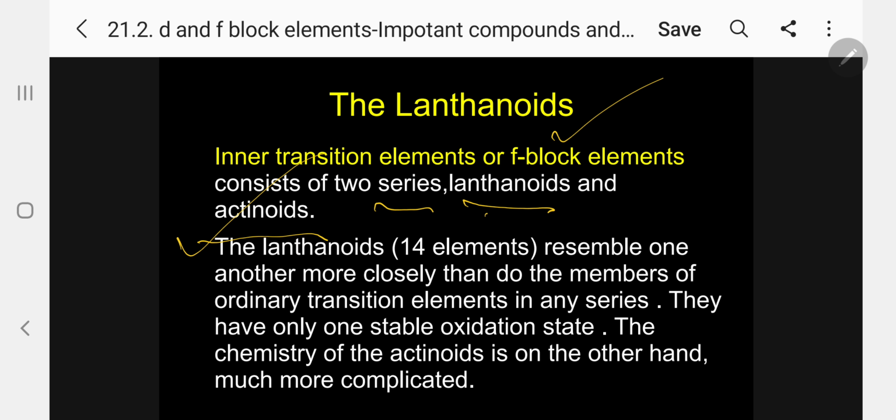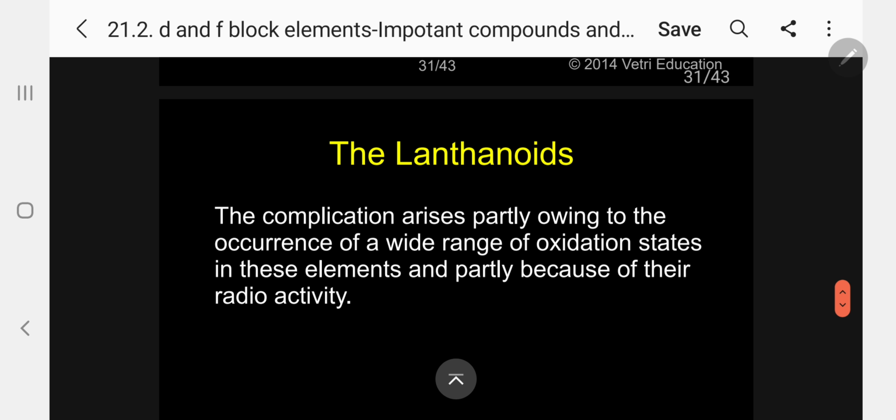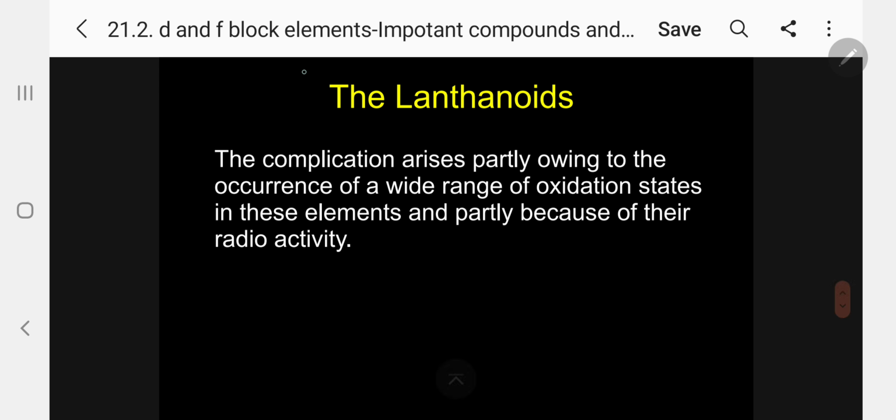They have only one stable oxidation state. The chemistry of the actinoids is, on the other hand, much more complicated. The complication arises partly owing to the occurrence of a wide range of oxidation states in these elements and partly because of radioactivity. Please follow.